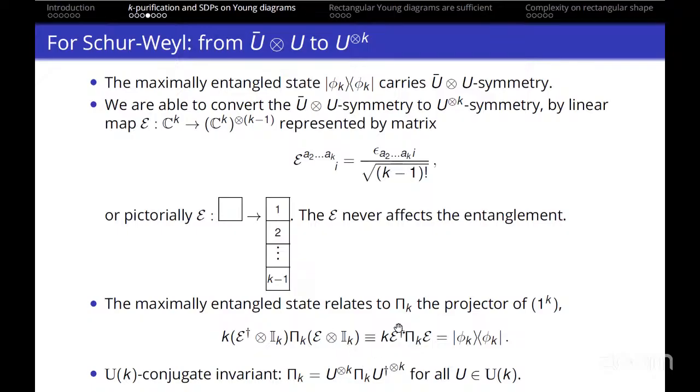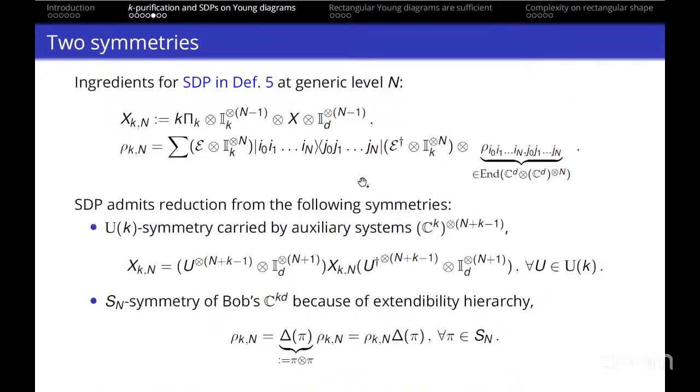In this sense, we convert the maximally entangled state. Basically, we have two symmetries. One is the U tensor K symmetry, which is carried by X and the extension of X. The other is permutation symmetry, because of the separability of the K-extendable system.